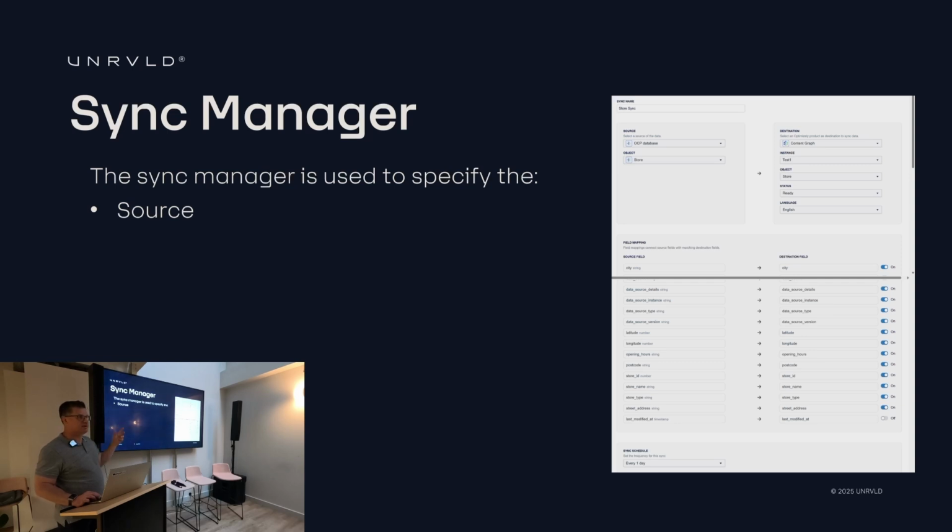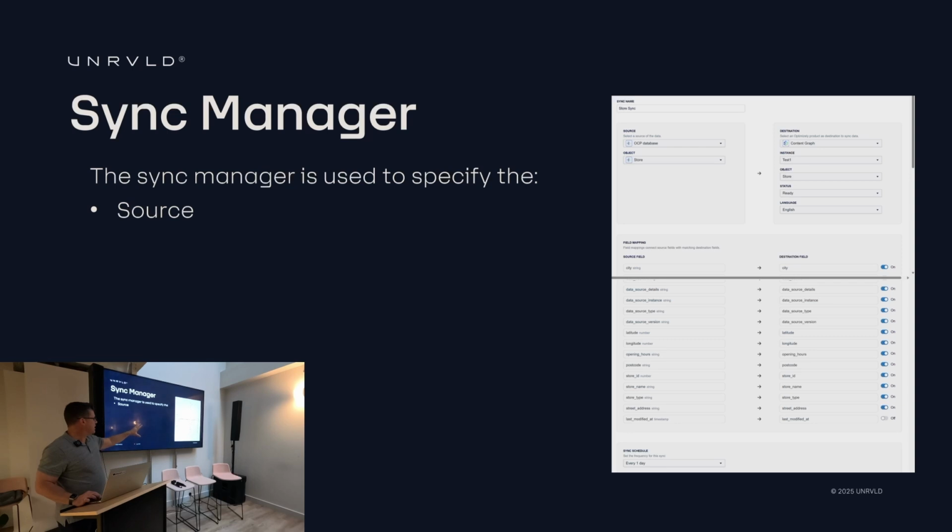If the object doesn't exist, then you can choose to automatically create it. I think Tom mentioned that earlier. So it creates a schema for you automatically, and you don't need to go into content graph and create that yourself. It's all handled in this interface, and I think the interface is going to improve over time.